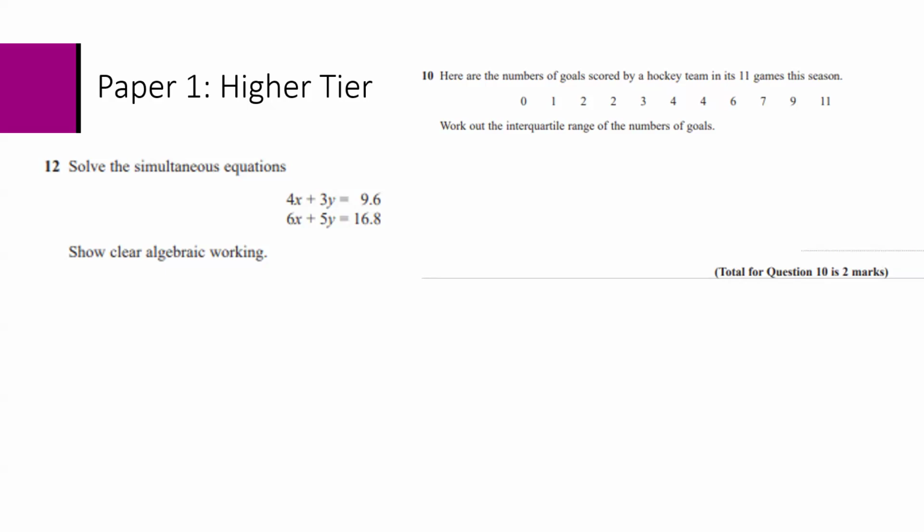which do you think the students found harder as a proportion of the overall marks? Was it simultaneous equations, or was it finding the interquartile range of a number of goals? I'm going to have a sip of my cup of tea. Please just put in 10 or 12, whichever you think the students found hardest. Drop it into the chat with me. Let's see who's going to be first.